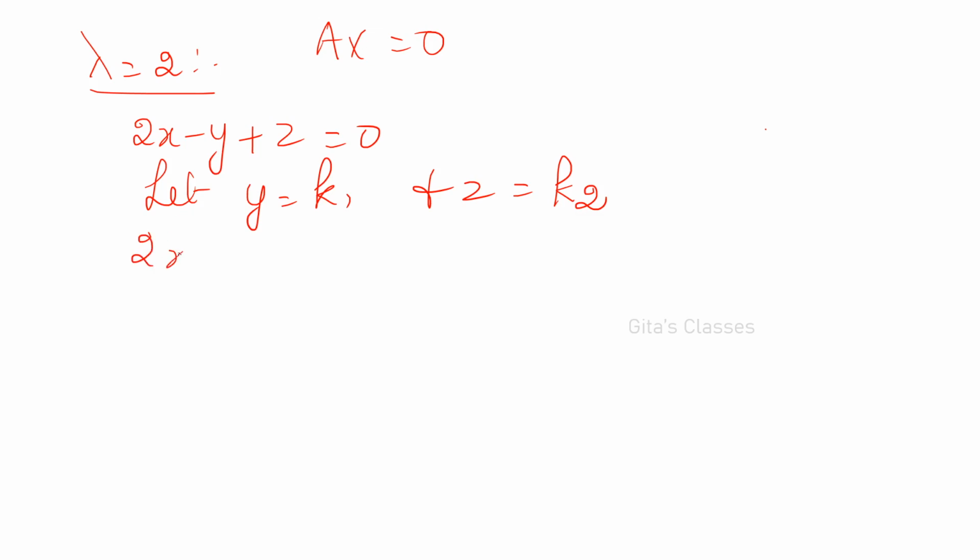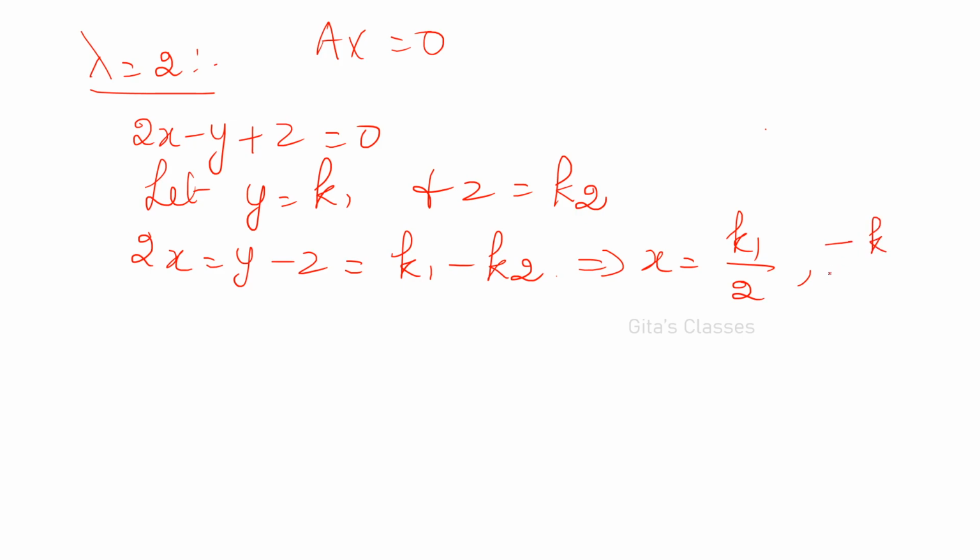So 2x is equal to y minus z, that is k1 minus k2. This implies x is equal to k1 by 2 minus k2 by 2. Write them separately so that it will be easy for splitting.